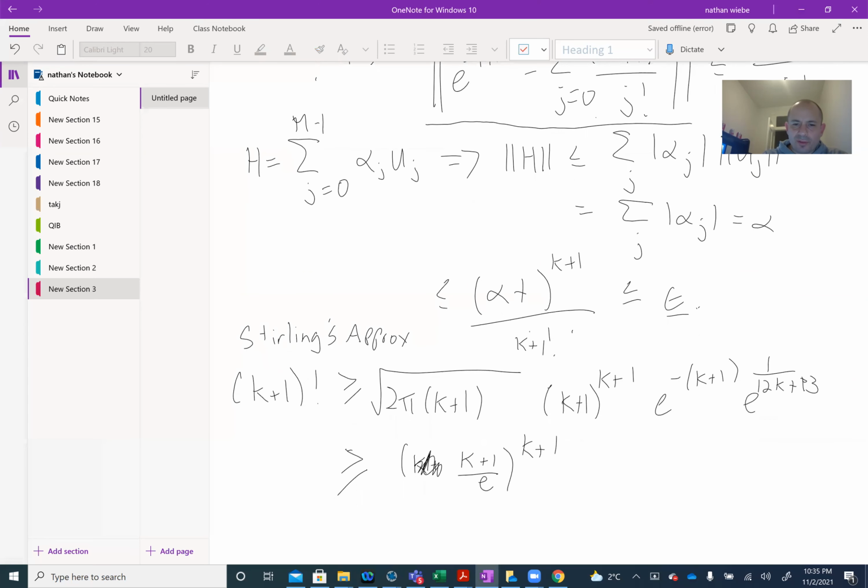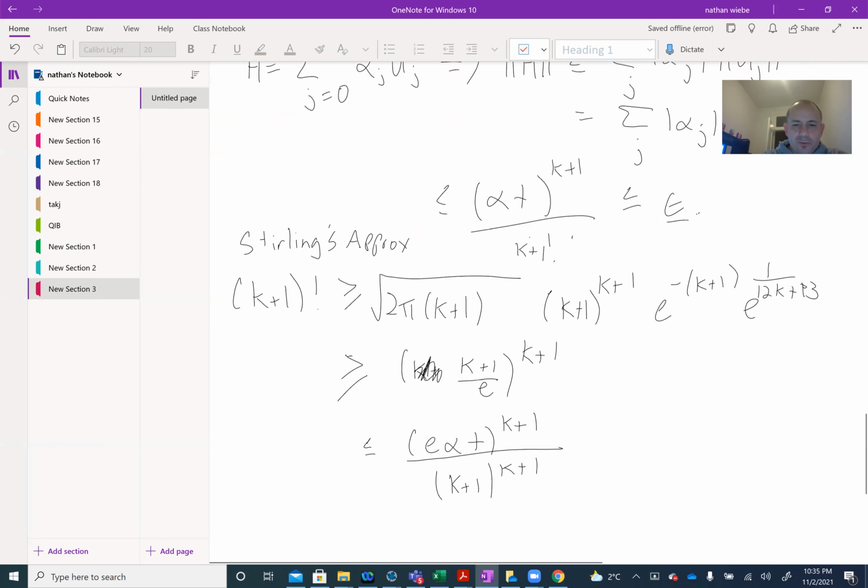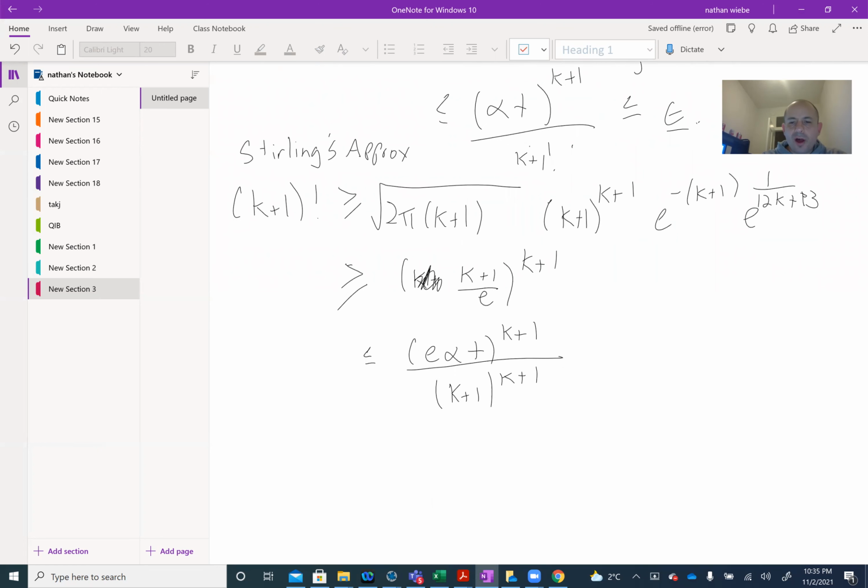All right, fantastic. So therefore, what we end up with is that the error in our approximation is less than or equal to (e alpha t)^(k+1) divided by (k+1)^(k+1). Now, we would like to solve this upper bound.